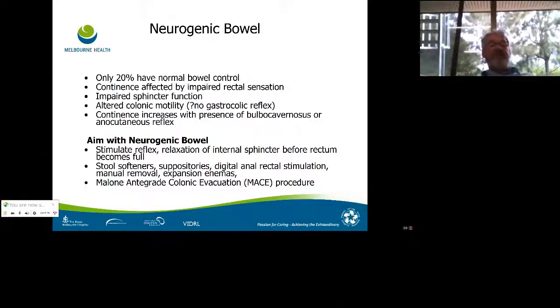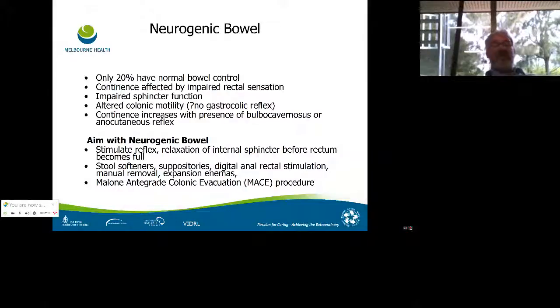Use of stool softeners, suppositories, digital stimulation. It's quite surprising the number of adult people with especially high-level lesions that have manual removals done by their parents, in general terms, their mothers.